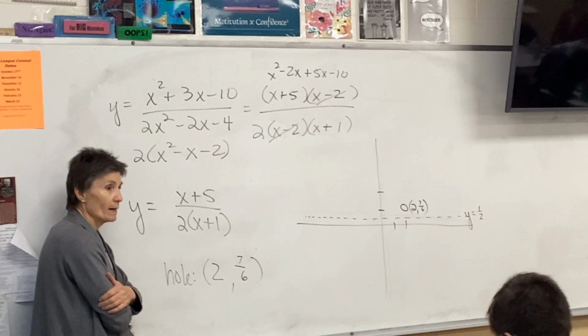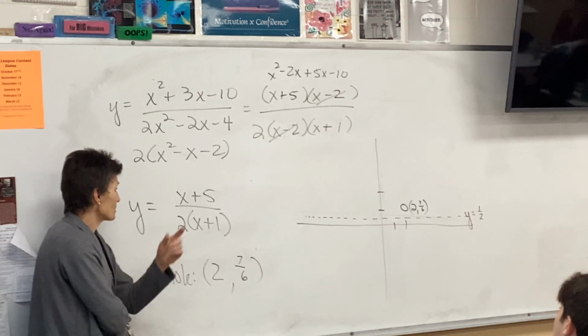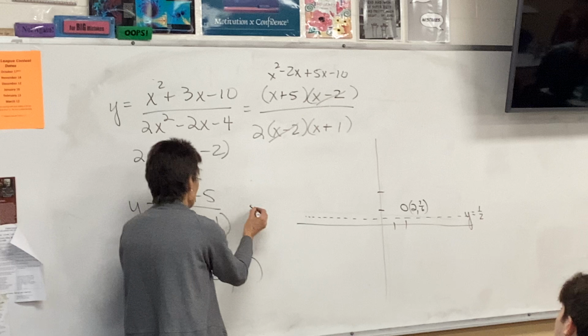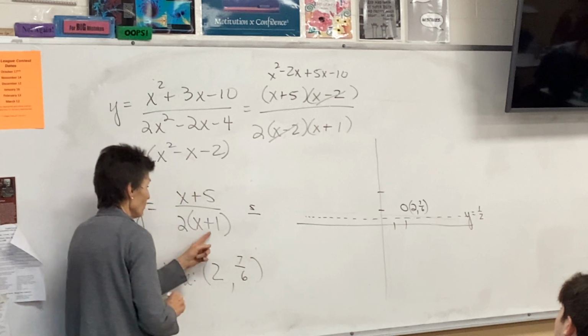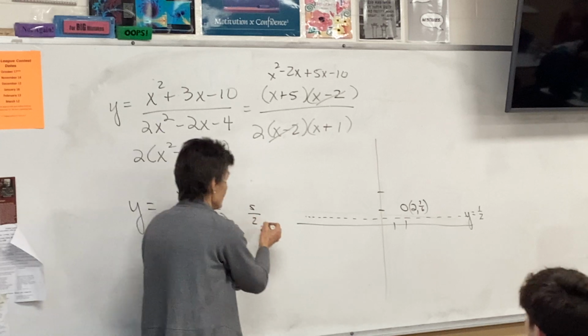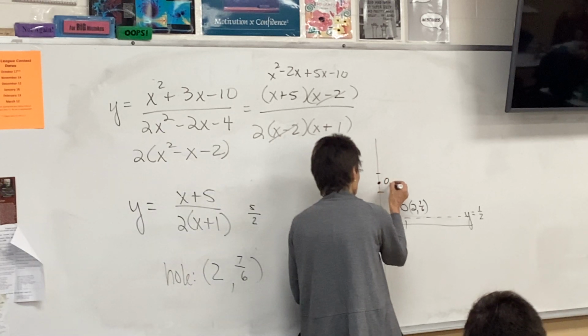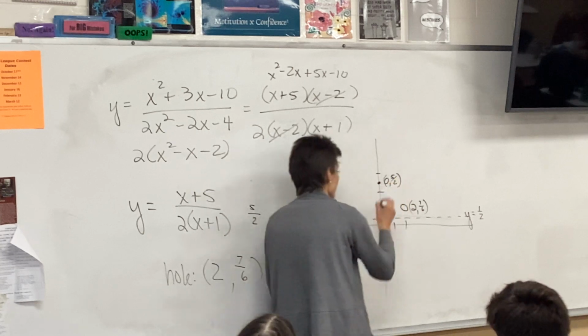How do I find a y-intercept? So I get 5 on the top. 0 plus 1 is 1 times 2 is 2. So 0, 5 halves is my y-intercept.